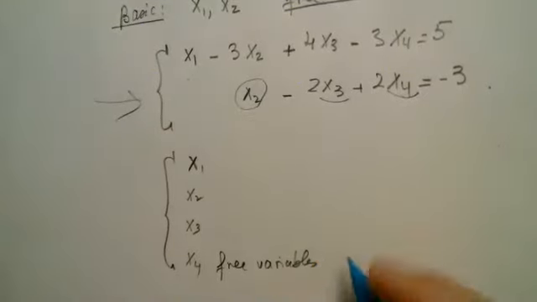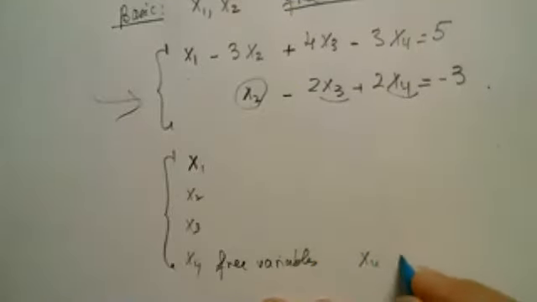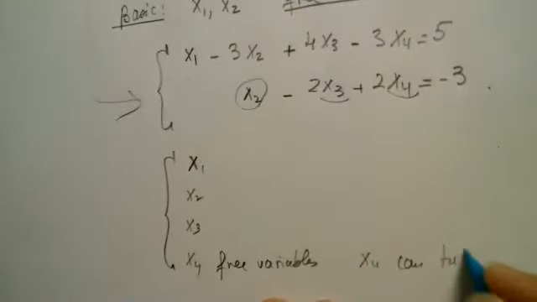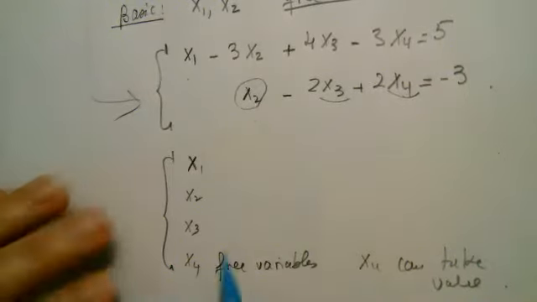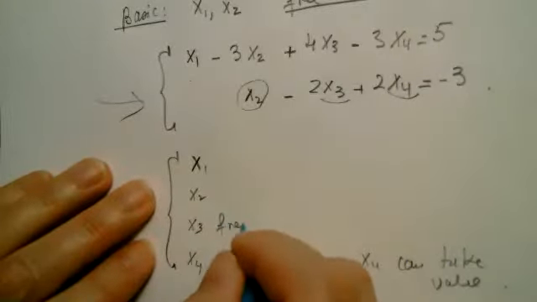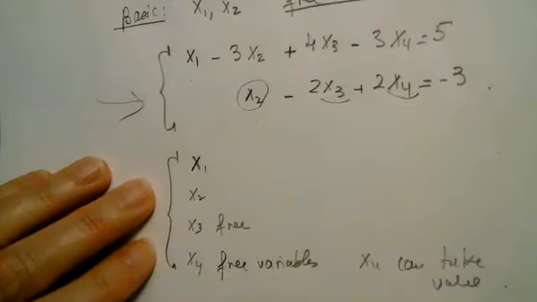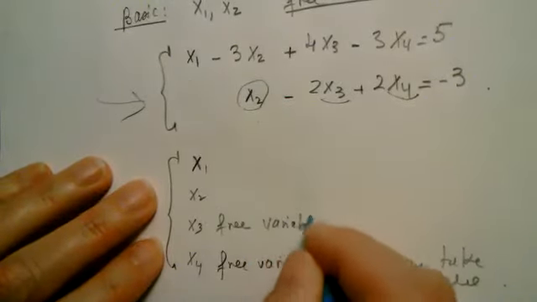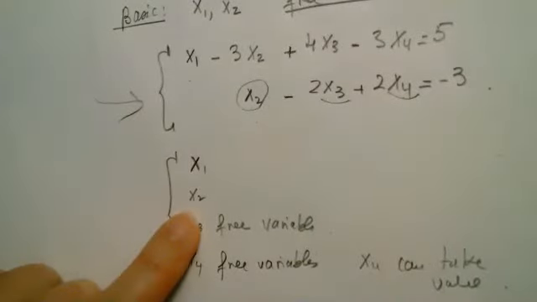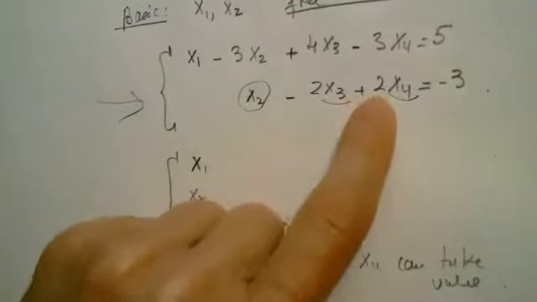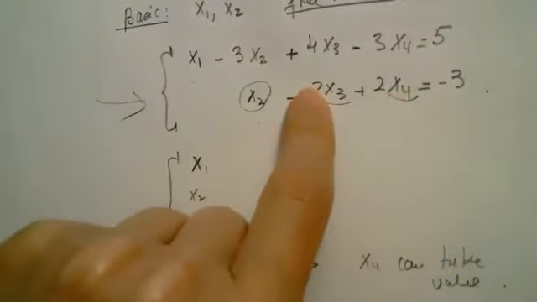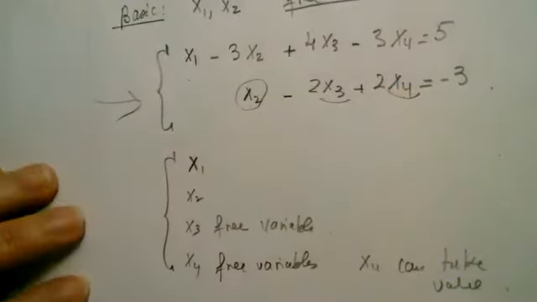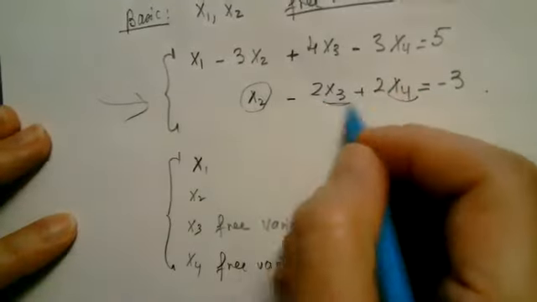Free variable means x4 can take any value we want, any value. x3 is free. It means you can allow x3 to take any value you want. x2 is constrained. It's a basic variable. It's constrained by the value you assign to x4 and x3. So I need to express it in terms of x3 and x4.